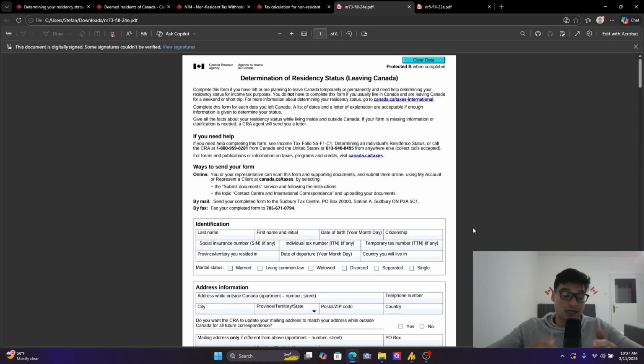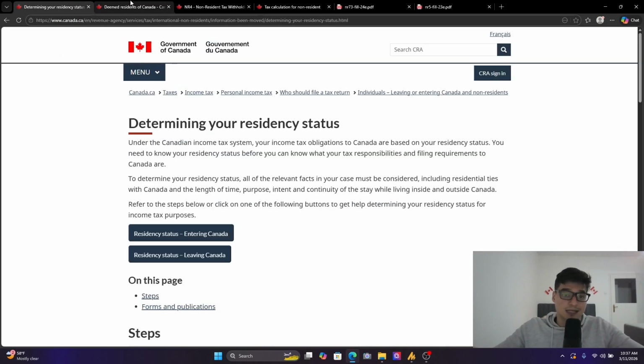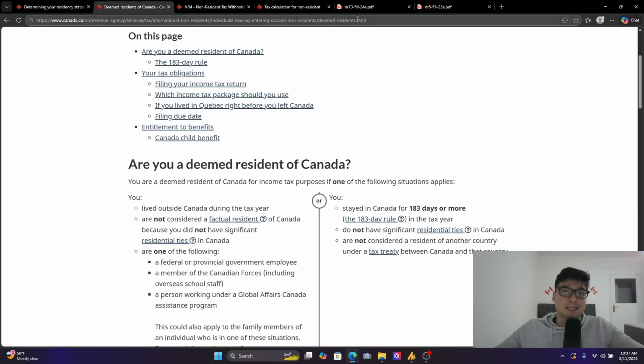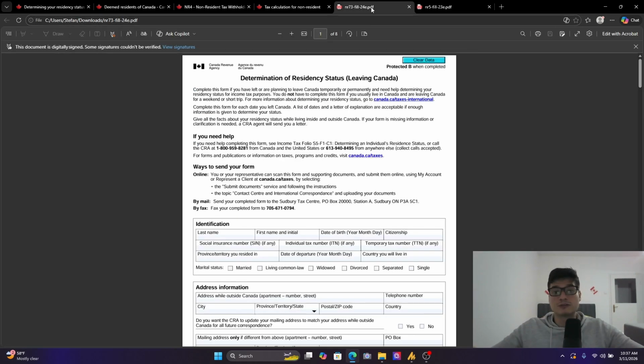If you don't want that and you want to be considered a non-resident, then you will file your final T1 form, and you're going to indicate that this is your final T1 form, because you are going to become a non-resident of Canada in the following year. So if you want to be a non-resident for sure, you just file that. If you're not sure, you can file this NR73 form, go from there, and they'll double check and determine it for you.